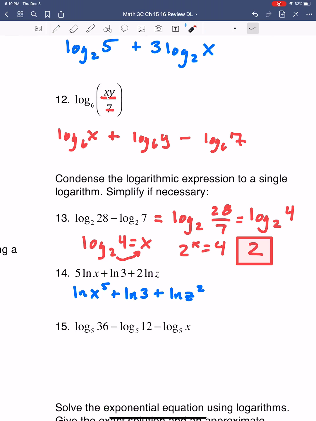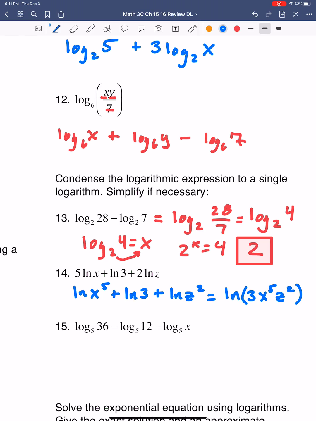And then since it is addition here, remember addition turns into multiplication for our properties of logs. So I'm going to turn this into one log here, and I'm going to write the 3 first because I can do it in any order here. 3 x to the 5th and z squared. And those would be condensed there.